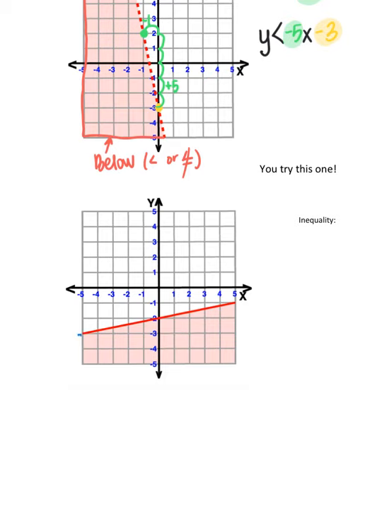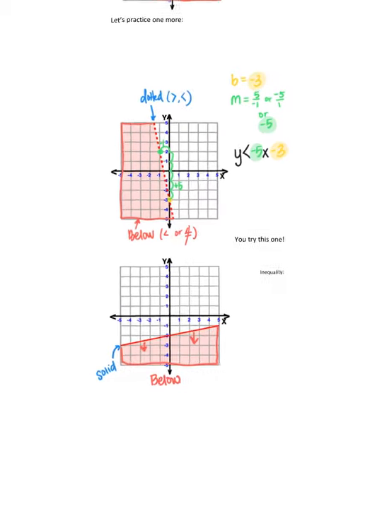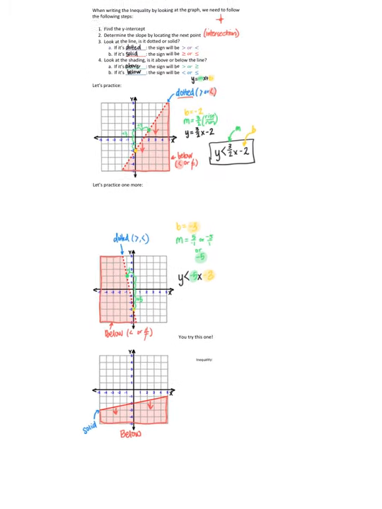The line is solid, and the shading is below the line. Okay. So write the inequality for that, turn this in, and you can do your practice work for this assignment.